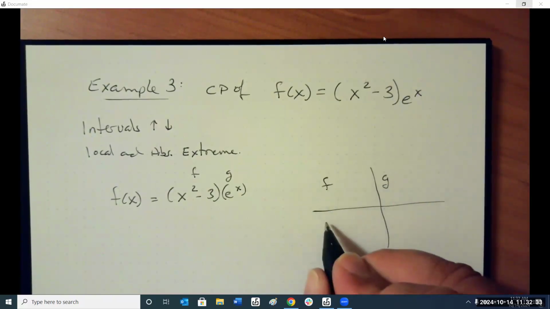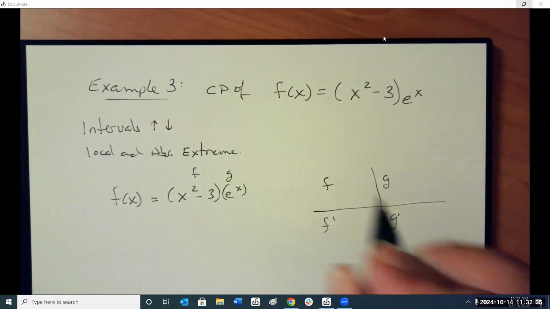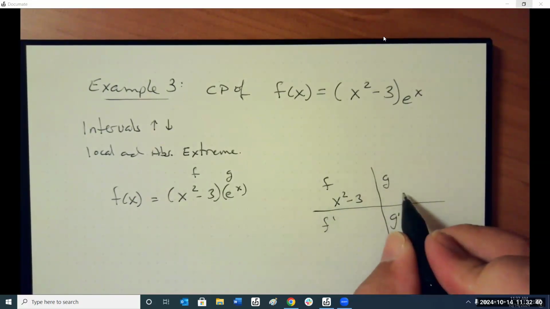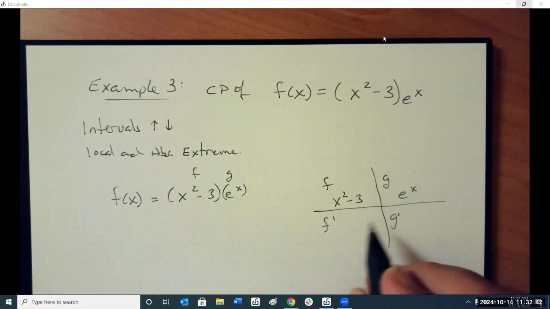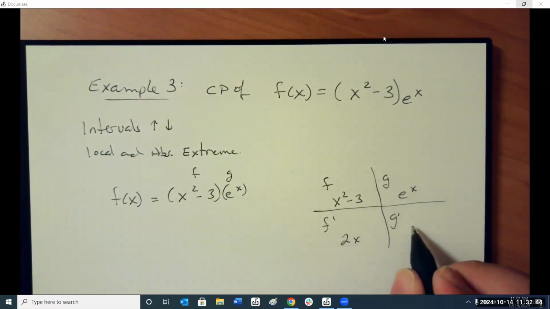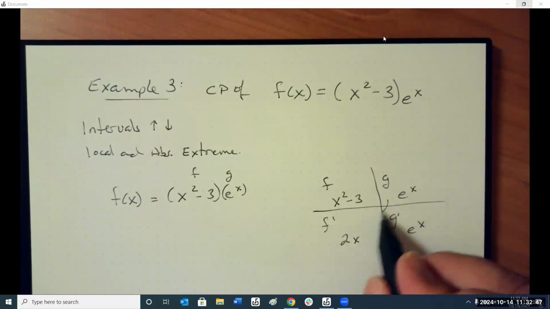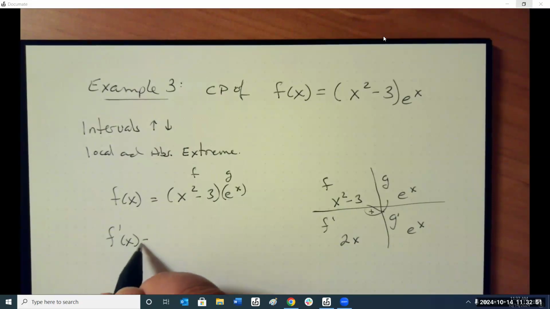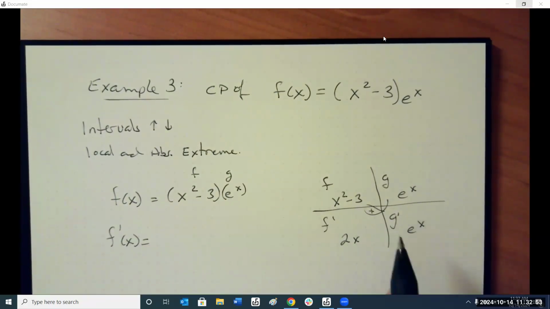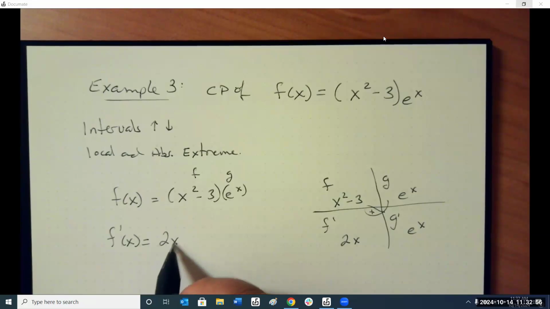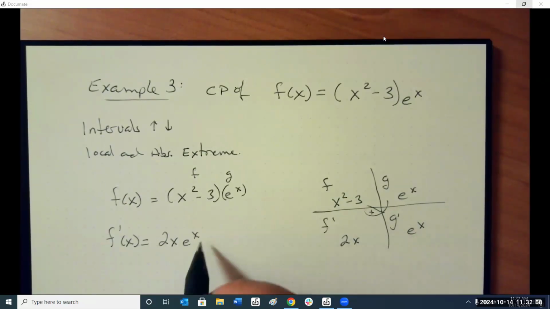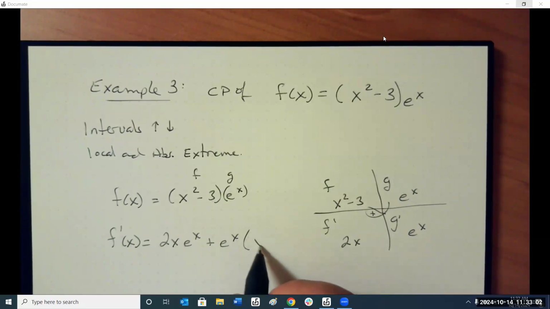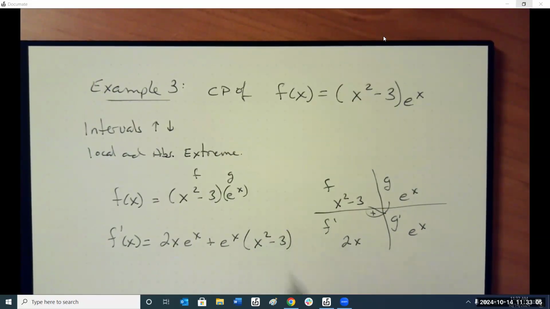So we need f, g, f prime, g prime. The first derivative is 2x e to the x plus e to the x times (x squared minus 3).